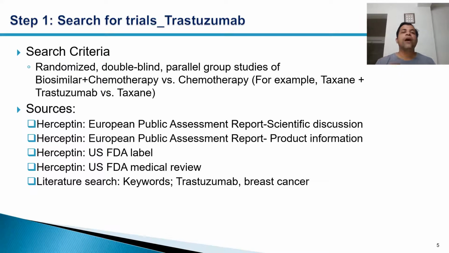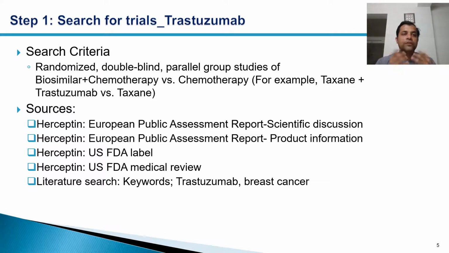So, for example, if I am doing a study of trastuzumab biosimilar, then I will be looking at those studies in which trastuzumab plus some chemotherapy is tested against the chemotherapy. So, in this design, at the end, what we will have is the true effect of trastuzumab.